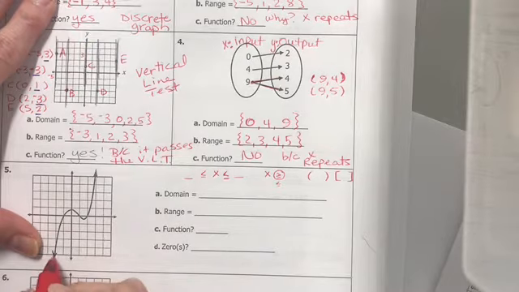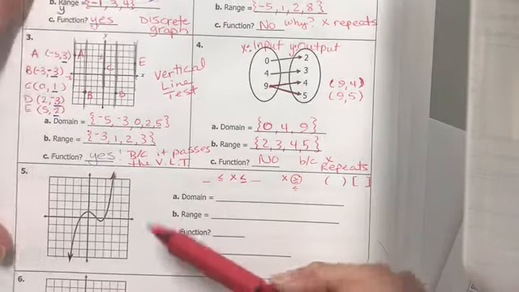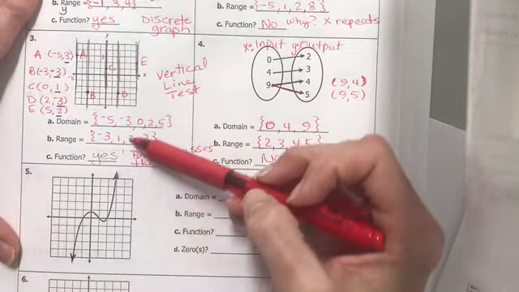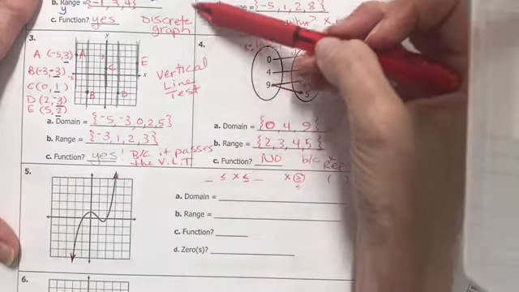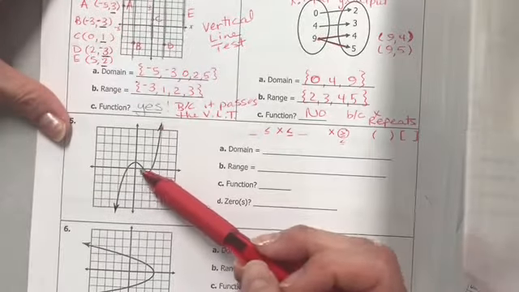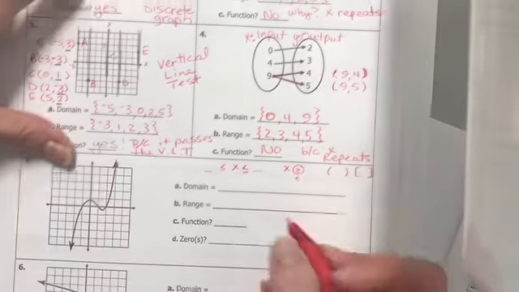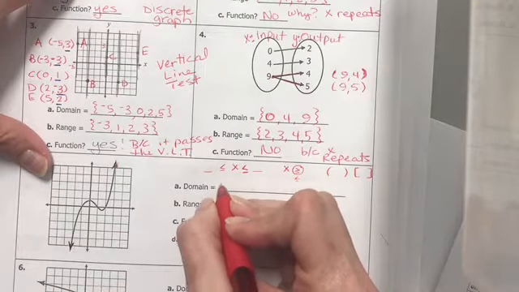But this one right here, we have arrows on the end, which signifies that it's going to go forever, going forever to the right, and then going down forever, kind of going out to the left. So our domain this time is all real numbers.